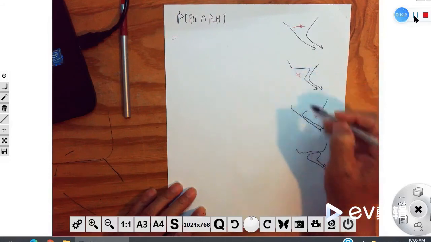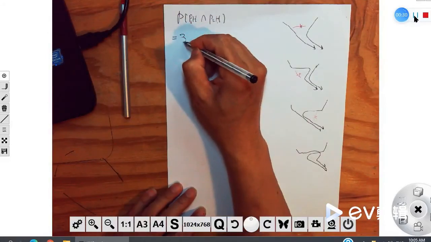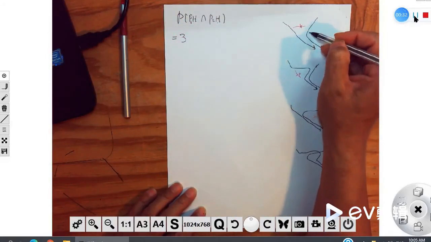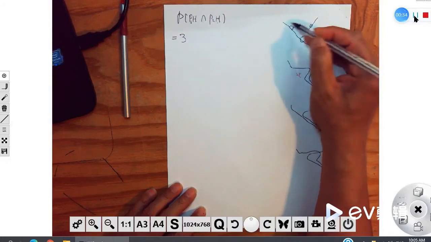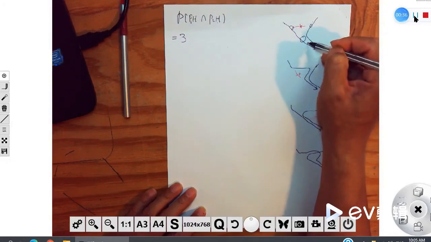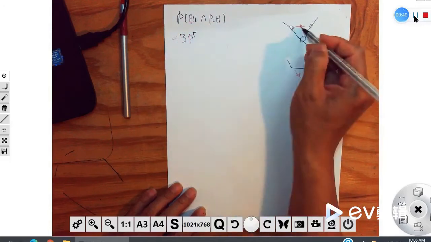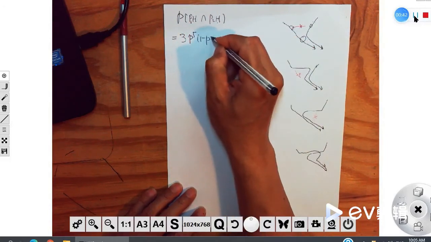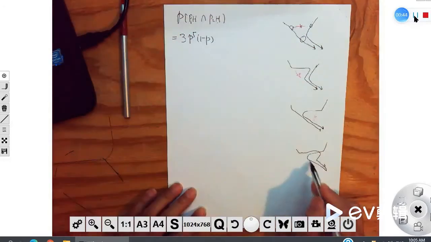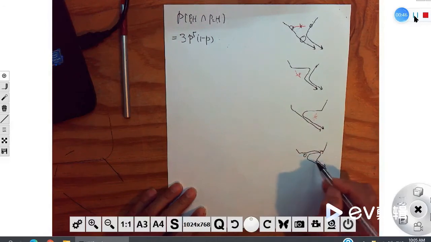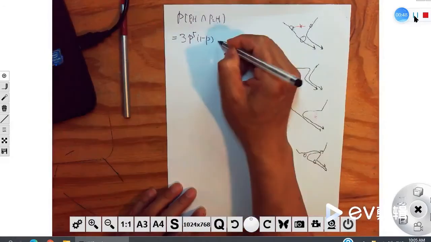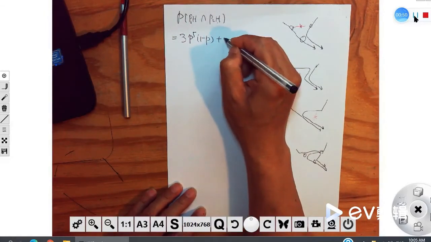So it's just 3 of 1, 2, 3, 4, 5. 5 of them works. P means works, and 1 is broken, like this. And the last one, all the paths are work. All the paths have to connect. So this is a P to the 6.